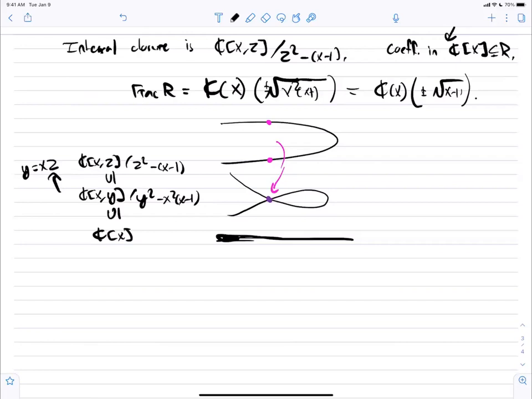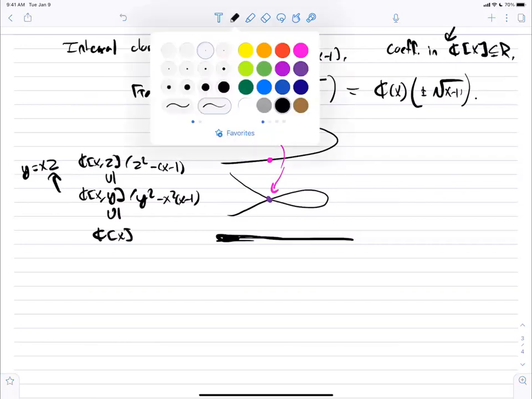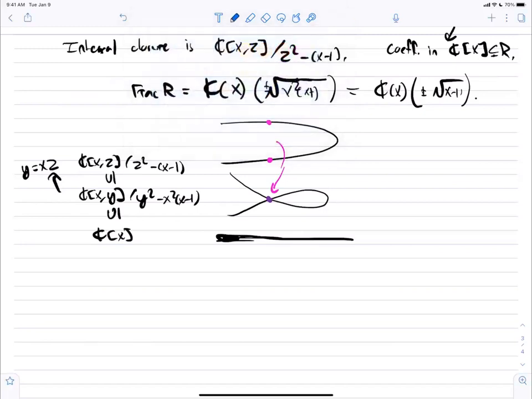I want to go back now and prove some things, like that integral closures are rings, but let me just state the lemma. It's not even really a lemma, it's just a reinterpretation of the definition of integral. So again, I have R contained in S, an extension of rings.